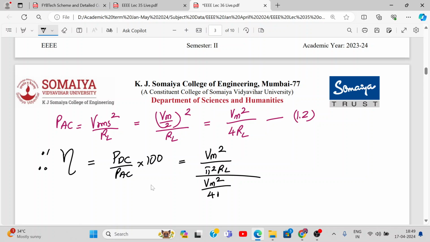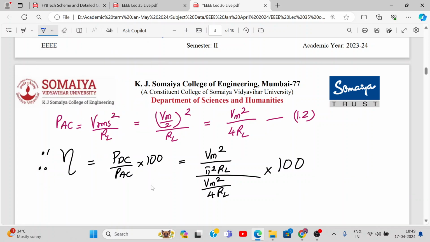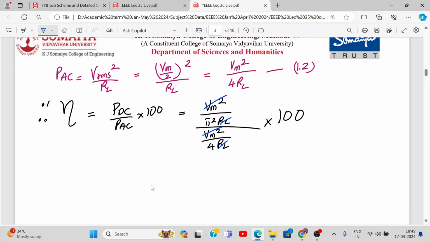Vm square upon 4 times RL. And this into 100. Something gets cancelled out? Yes or no? Vm square gets cancelled out, RL gets cancelled out. What do we get? Tell me, what do we get? 4 divided by pi square into 100. How much is it? Calculate this and let me know.